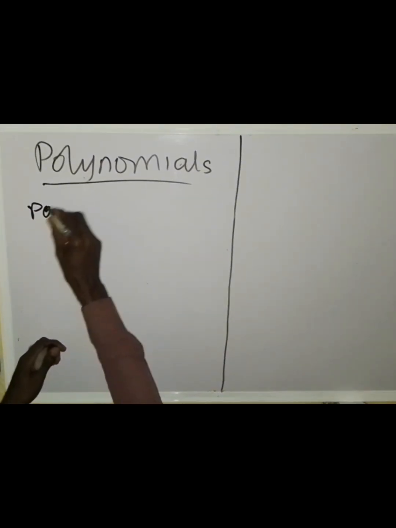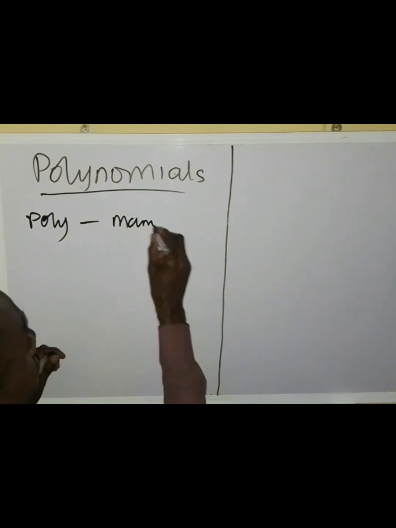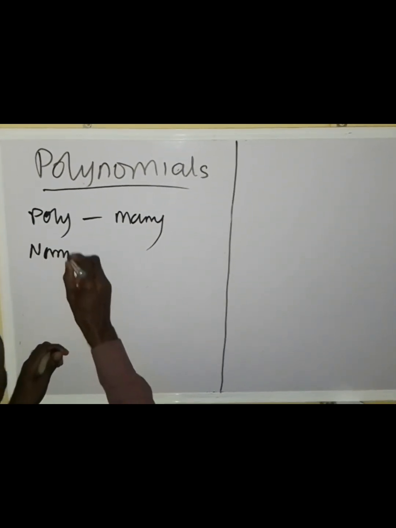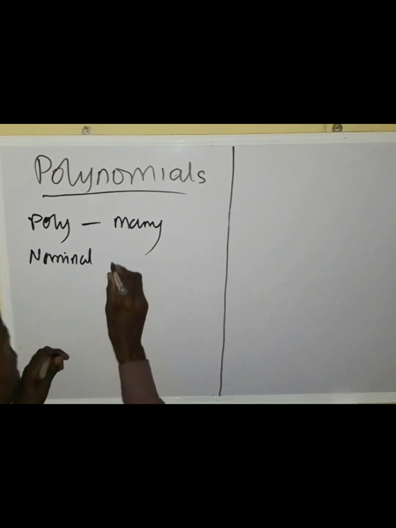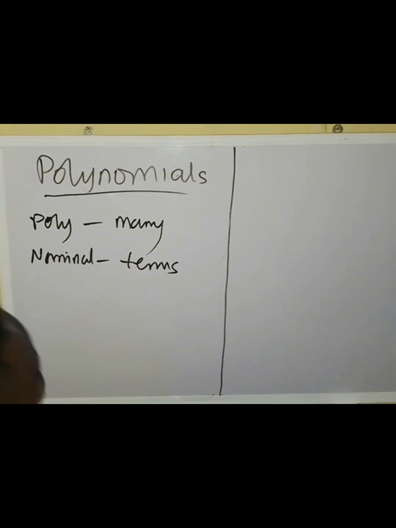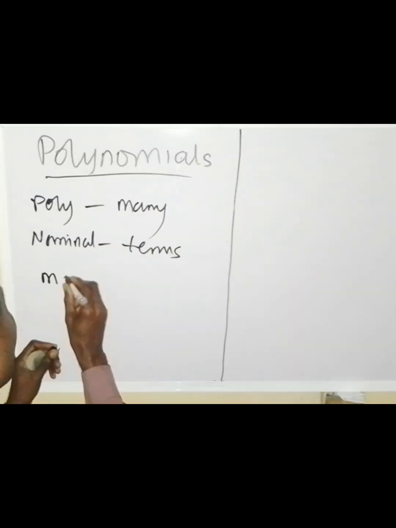First, poly, which means many, and then we have nominal, which entails terms. Now, by the time you coin the two words together, it gives you many terms.